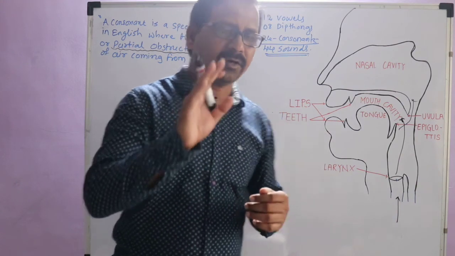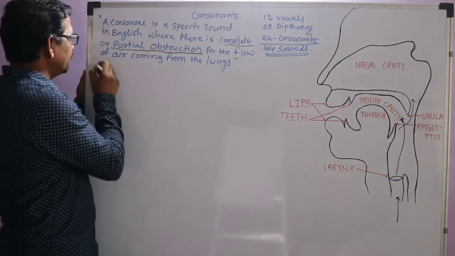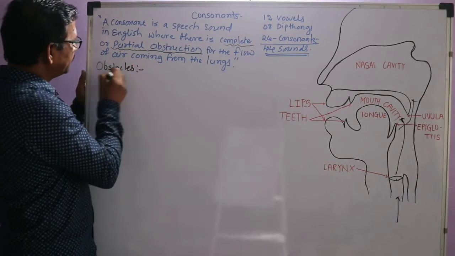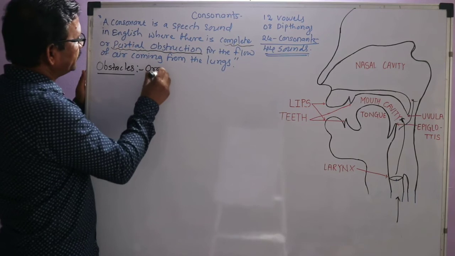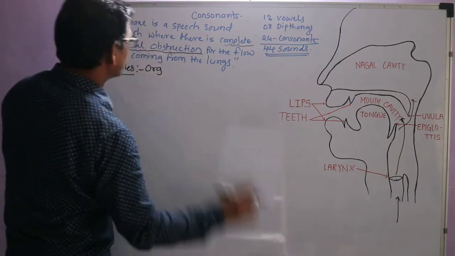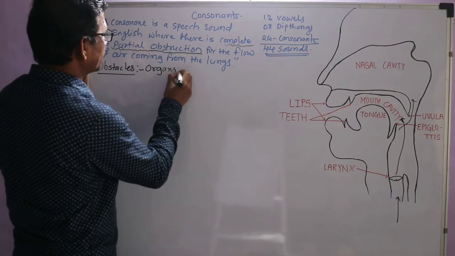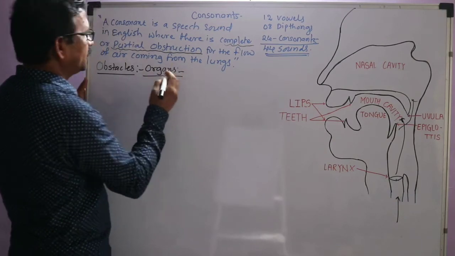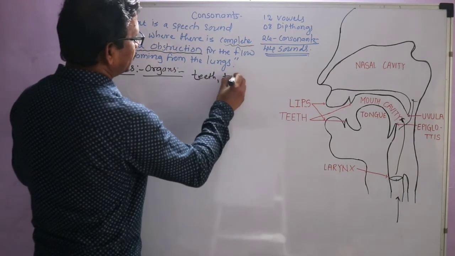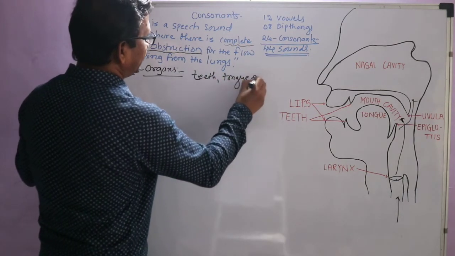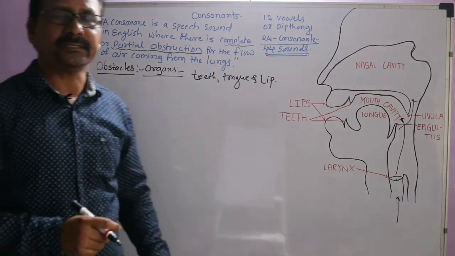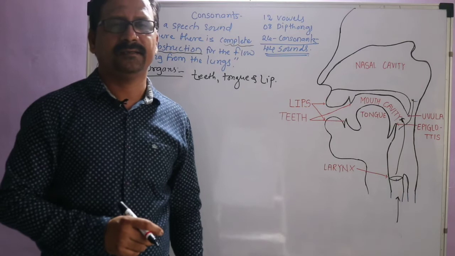So organs such as obstacles, we can say organs which are teeth, tongue and lips. These are the more active organs of our body.